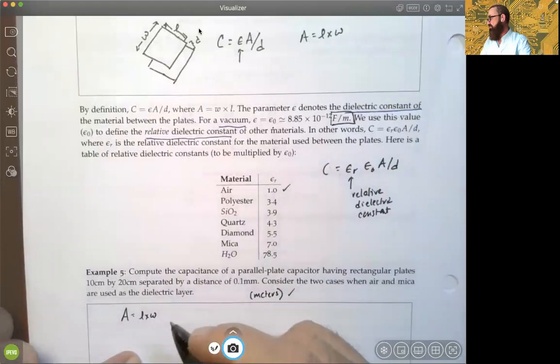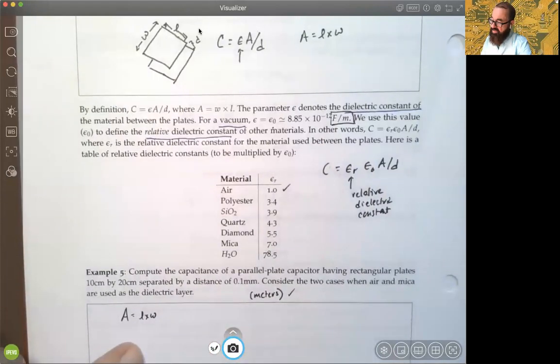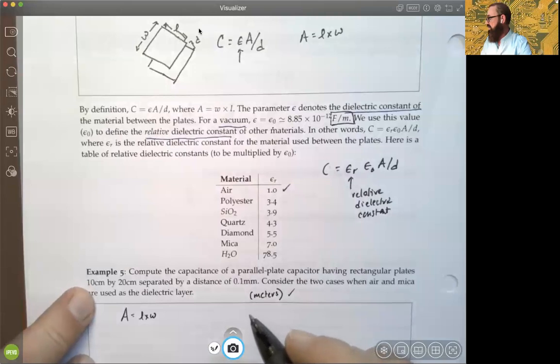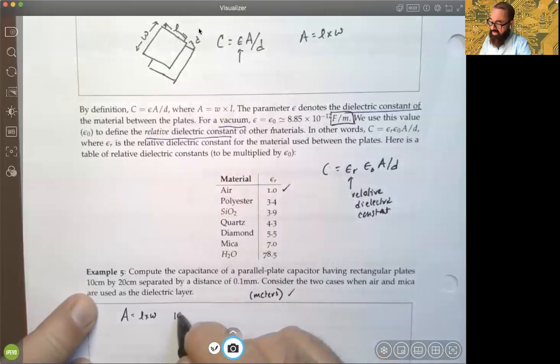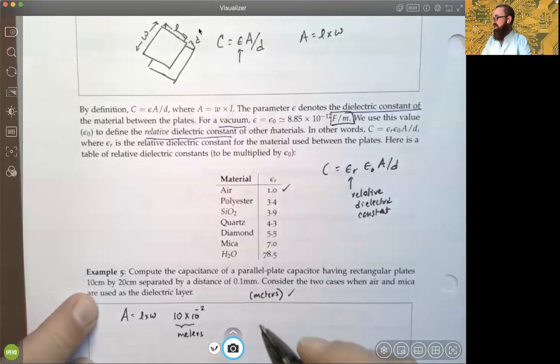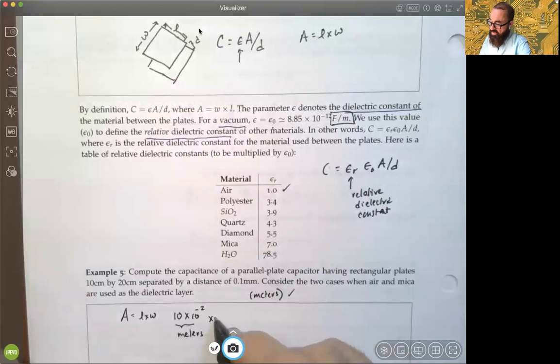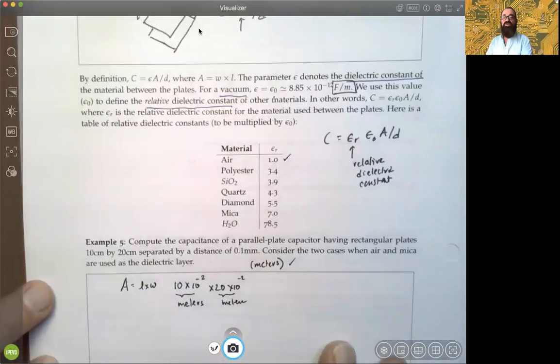So what we have here is 2 dimensions. So let's say one of them is 10 times 10 to the minus 2 meters. That's 10 centimeters, okay? And the other dimension is 20 times 10 to the minus 2 meters. Again, I'm converting to meters. So that's why I have times 10 to the minus 2.